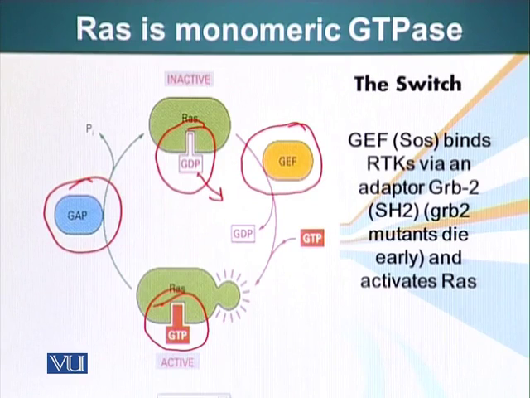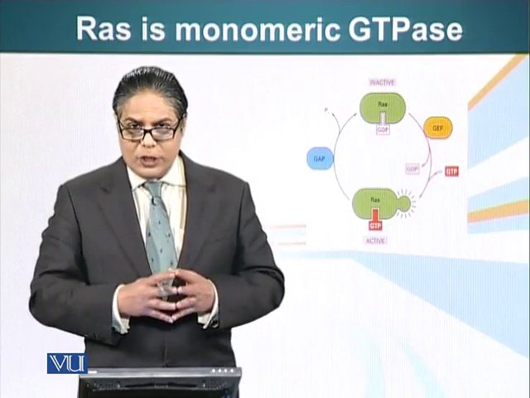GAP stands for GTPase activating protein. It enhances RAS's intrinsic GTPase activity and causes it to hydrolyze GTP into GDP and become inactive. So RAS can exist in off and on state just like a switch.